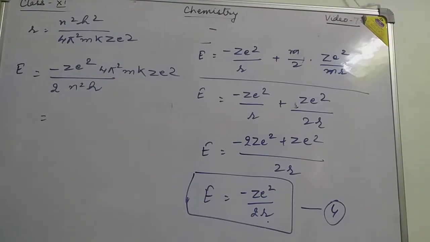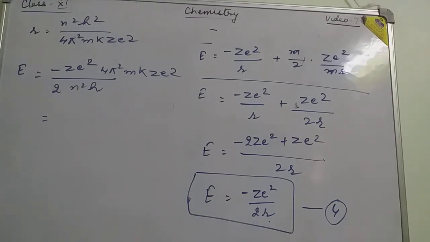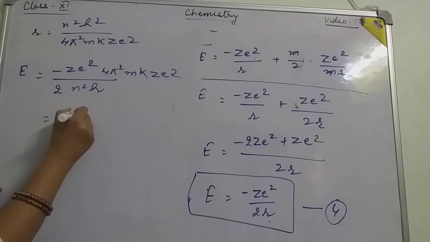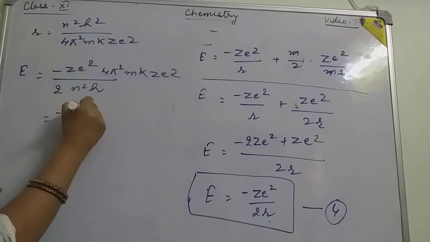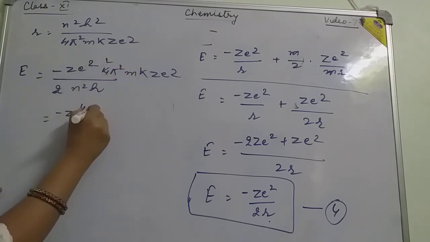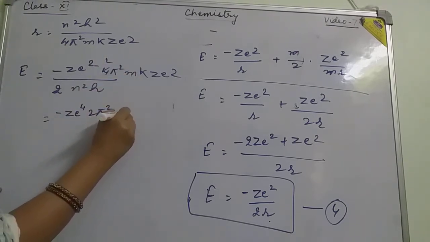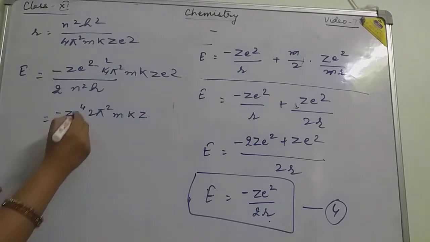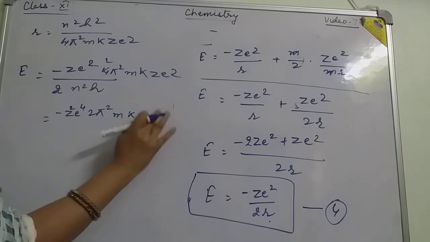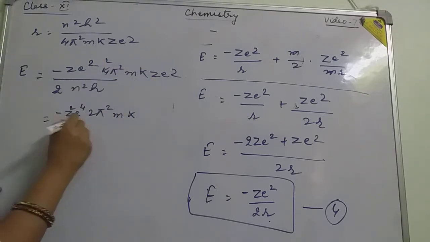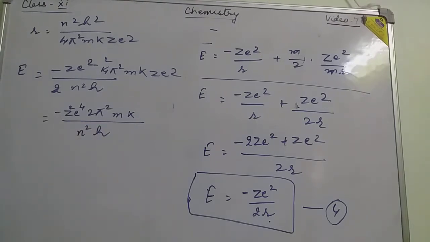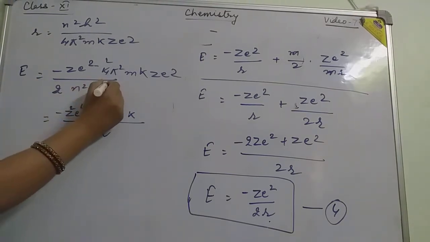E equal to minus Ze, 4 and 2 cancel, so it is 2 pi square m k Z square e 4 by n square h square.